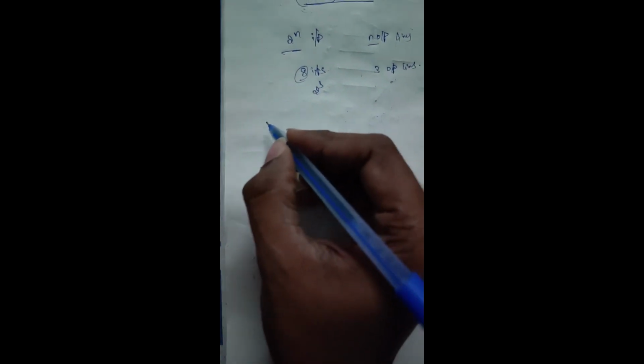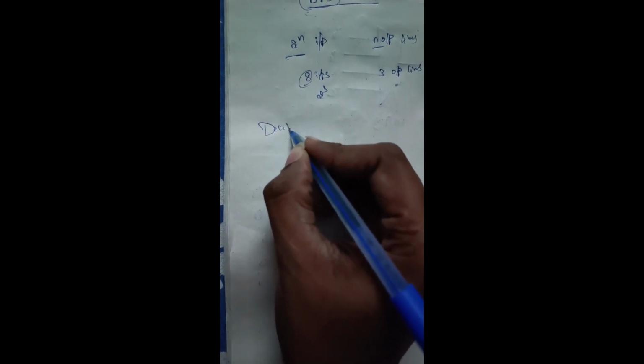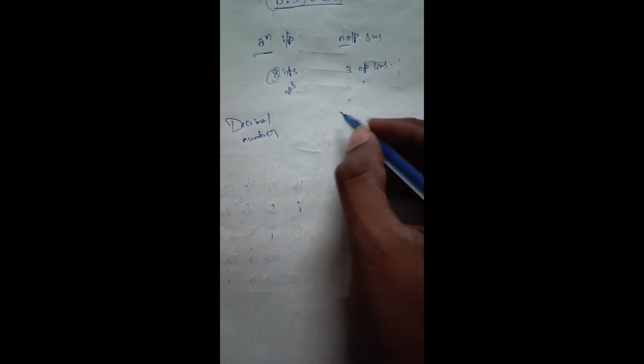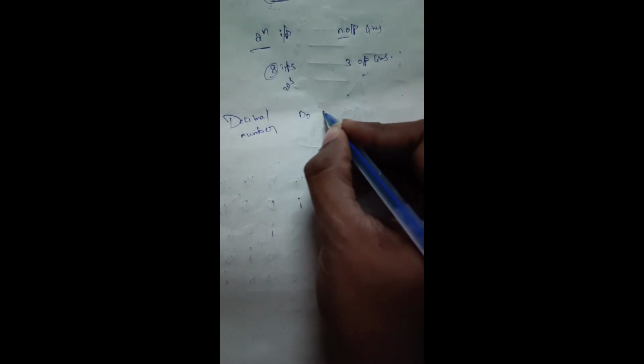Okay. Now firstly I will draw the truth table. Here we are going to have decimal numbers, and we have inputs D0, D1, D2, D3, D4, D5, D6 and D7. And for the binary output, we will have Y2, Y1 and Y0.